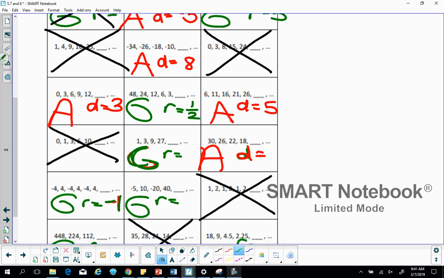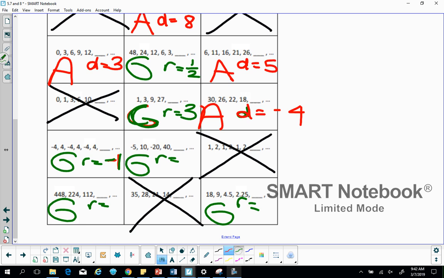Kanye, what's this one? 3. Victor, what's this one? Negative 4. And the last couple. Kimberly, what's this one? 3. Negative 2. Beautiful.